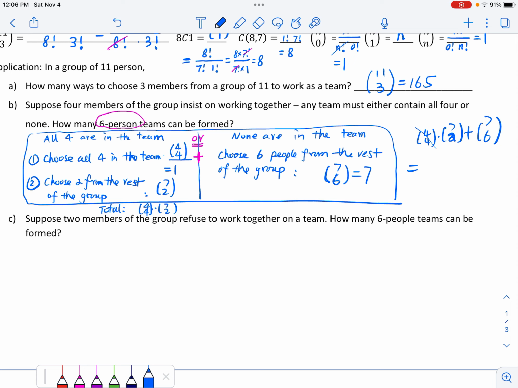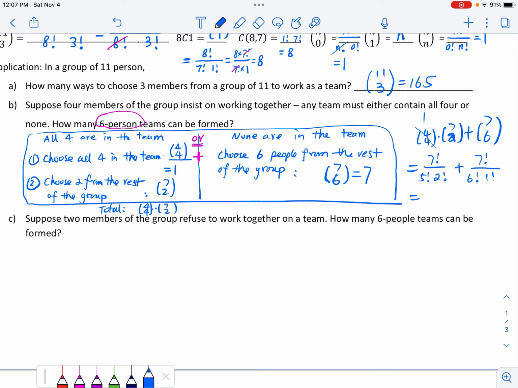And this is just 1. 7 choose 2 is 7 times 6 divided by 2. That actually is going to be 7 factorial over 5 factorial times 2 factorial, plus 7 choose 6 is 7 factorial over 6 factorial times 1 factorial.